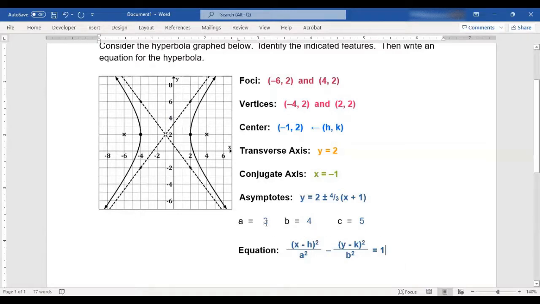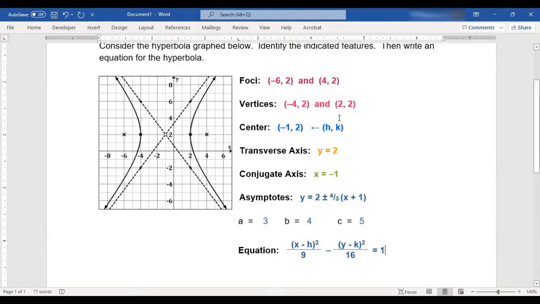So a is 3, so I'm going to plug 3 in for a. B is 4, so I'm going to plug 4 in for b. And in fact, I'm just going to square those right away. So 3 squared is 9, and 4 squared is 16. If you want to leave it as 3 squared and 4 squared, you can. I'm going to write them out as 9 and 16.